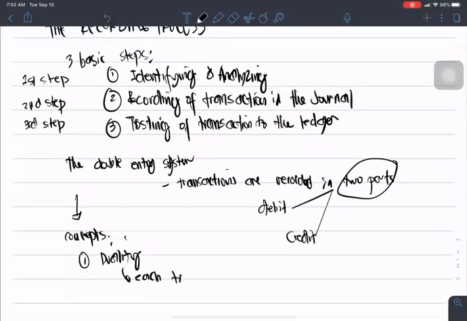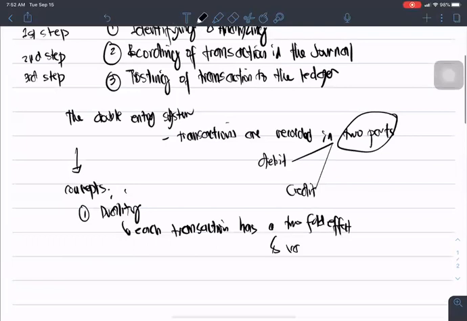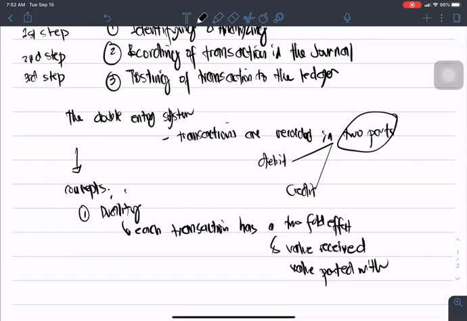Okay, so what is this twofold effect? The twofold effect of our transaction is it has a value received and value parted with.